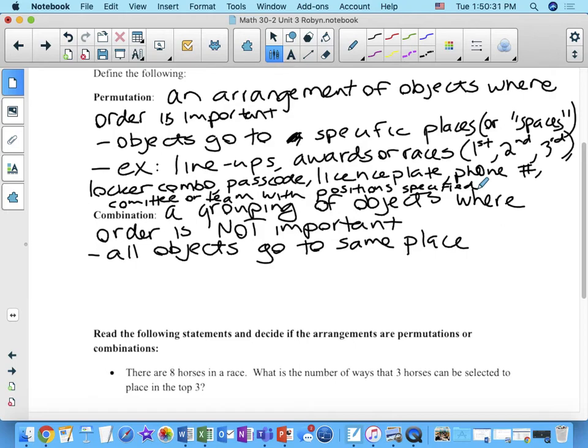Okay? Combination. What are some examples of combinations? A grouping where order does not matter. Fruit salad, yeah, okay. So fruit salad maybe, right?